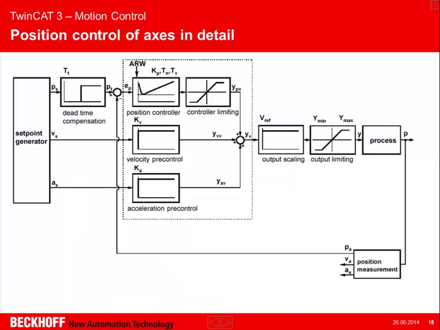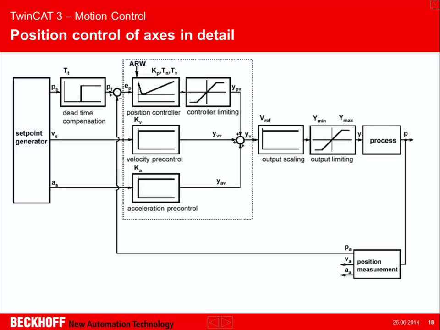To see it more in detail, so we have the set point generator and the dead time compensation, which is always done on the PC in software. We have the position controller and the limiter, which is more or less normally done on the drive. We have velocity pre-control, acceleration pre-control, and of course also the scaling and limiting of the outputs.